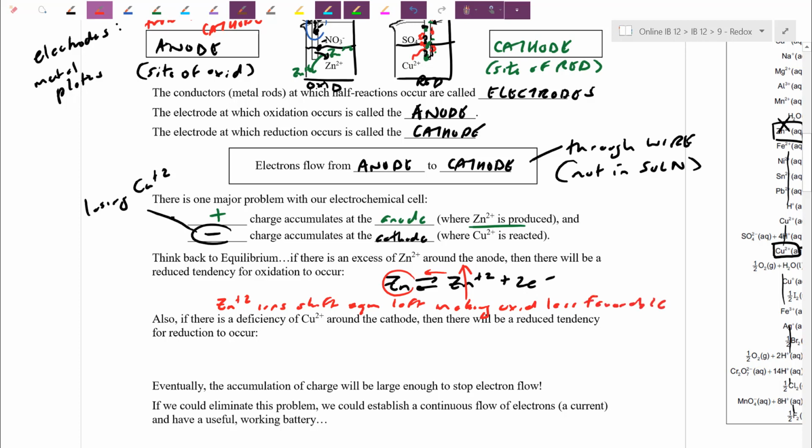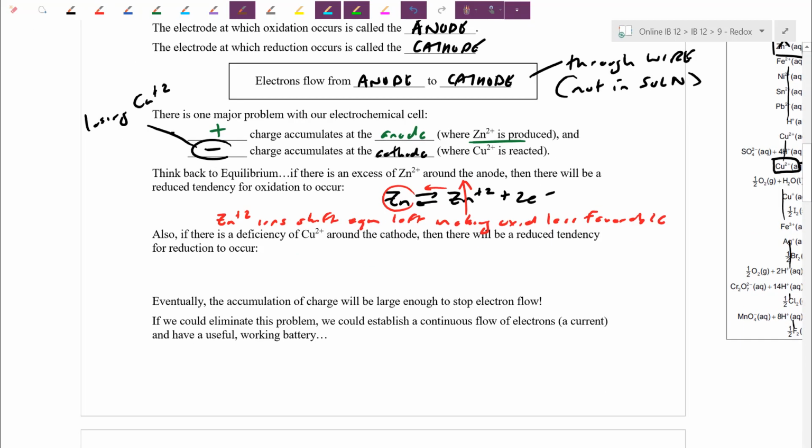So between the zinc and the copper, zinc was better at oxidizing, but even this half reaction is having trouble. There's a similar problem on the copper side. We wanted the copper ions to pick up the electrons as they arrive through the wire. We want them to solidify as copper. As I gradually lose copper, the concentration of copper drops here. The Cu+2 ions decrease.